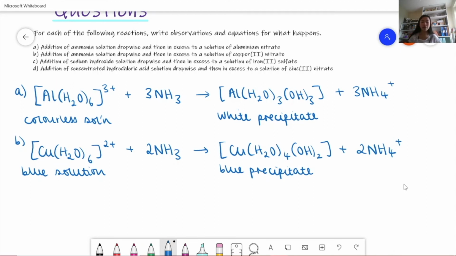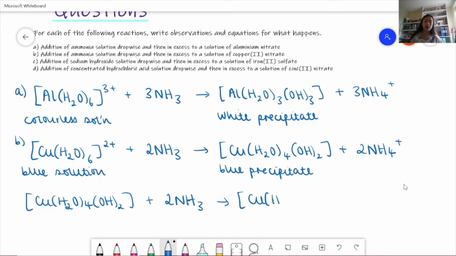So what happens is that if we have the blue precipitate here, and we add ammonias to it, what actually happens is that ligand substitution occurs, and the NH3s actually replace the OHs, and so we need 2 ammonias, and this will form Cu(H2O)4(NH3)2, and this will regain the 2+ charge.